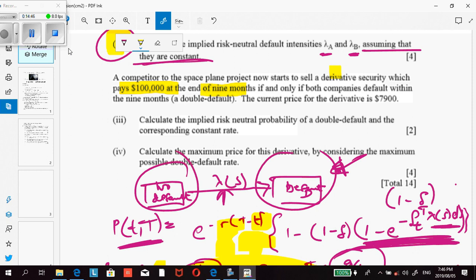The current price for this derivative is $7,900.